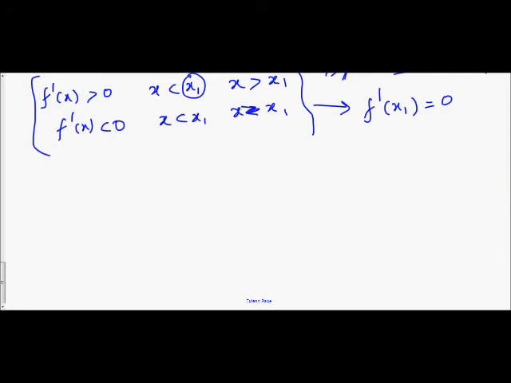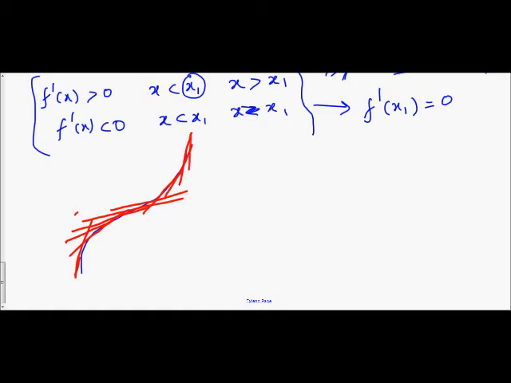We can also use the second derivative. If the function is something like this, when you look at the tangents, at this point the slope is decreasing, and at this point the slope starts increasing.